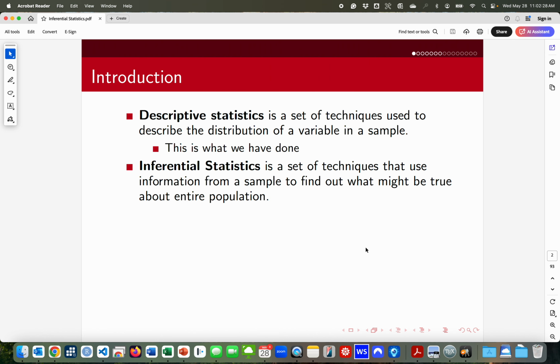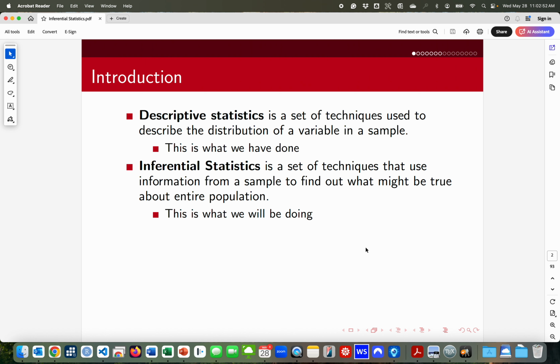The next set of techniques we'll learn are inferential statistics. This is where we use the information we learn about the sample to find out what might be true about the entire population. So this is the direction that we're going to go, and they're not independent from each other.